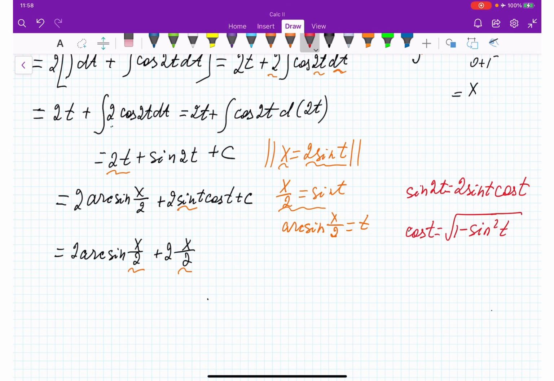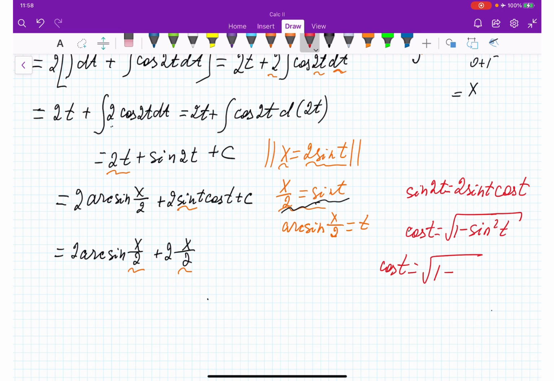I'm trying to express cosine through sine, because we don't have any substitution for cosine, but we have one for sine. So cosine t is going to be equal to the square root of 1 minus, if sine t is equal to half of x, then sine squared t is going to be equal to half of x, squared, yes?